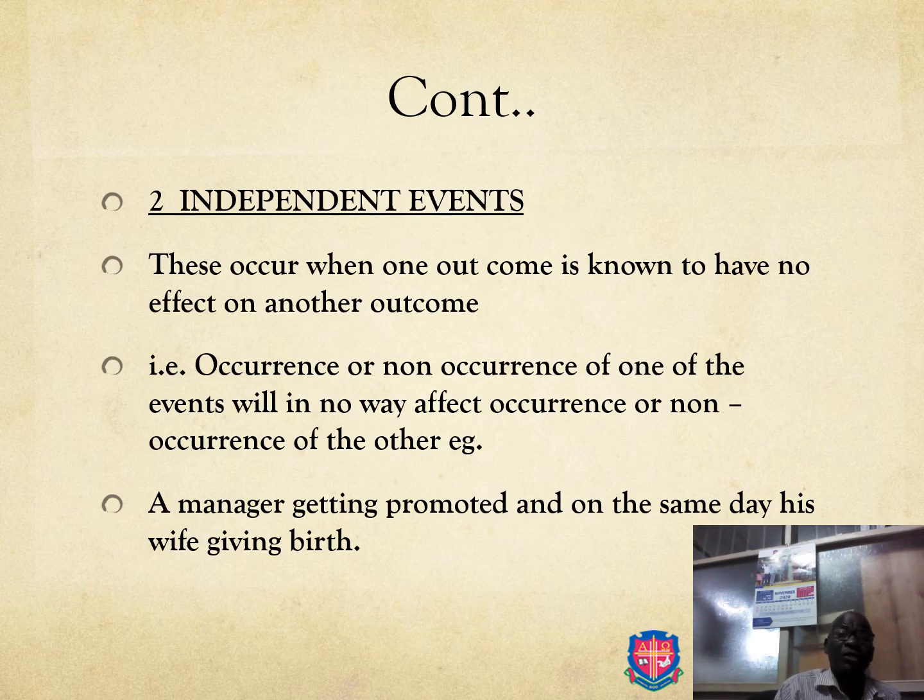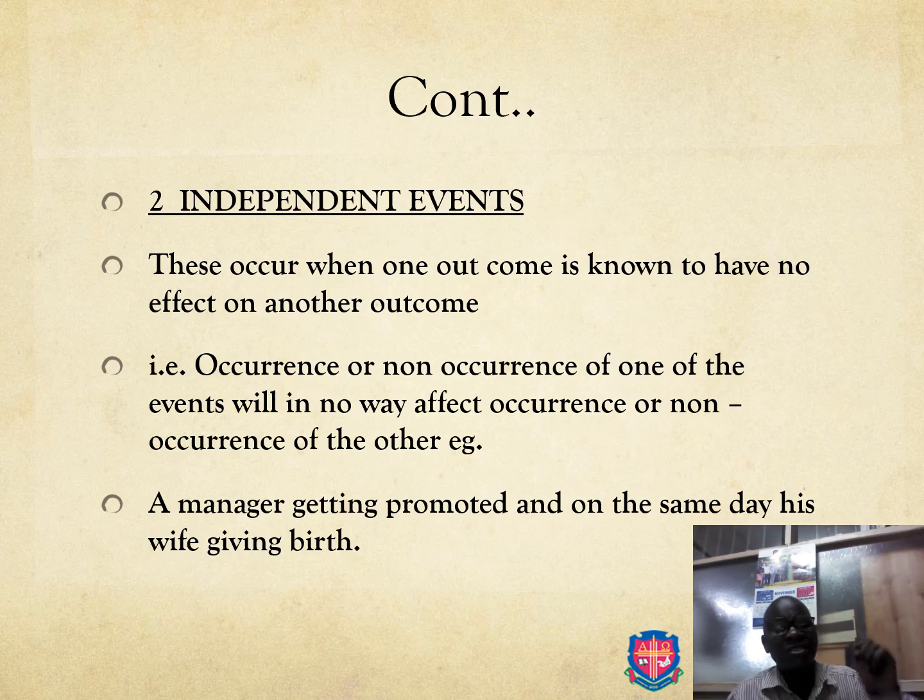So we go to independent events. We have seen the mutually exclusive: those events which cannot happen at the same time. Independent events occur when one outcome is known to have no effect on another outcome, i.e., occurrence or non-occurrence of one of the events will in no way affect occurrence or non-occurrence of the other.